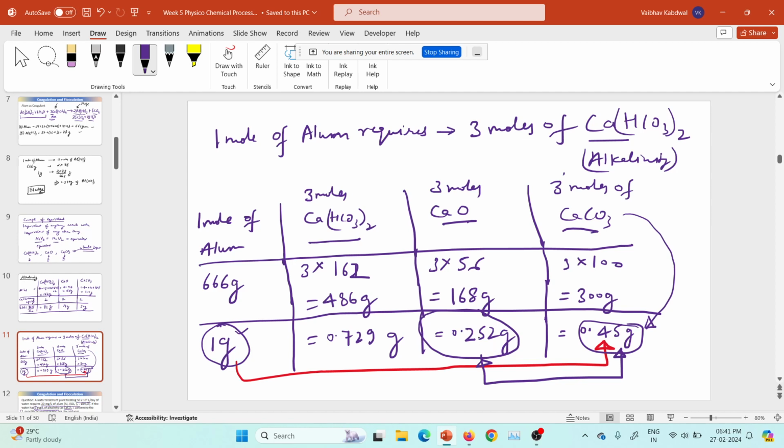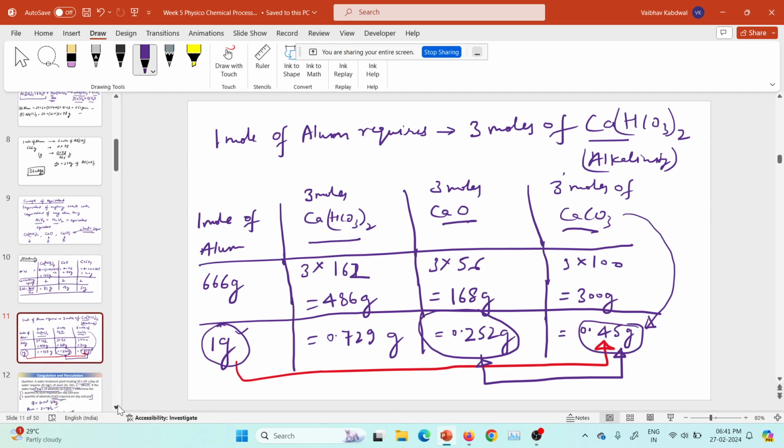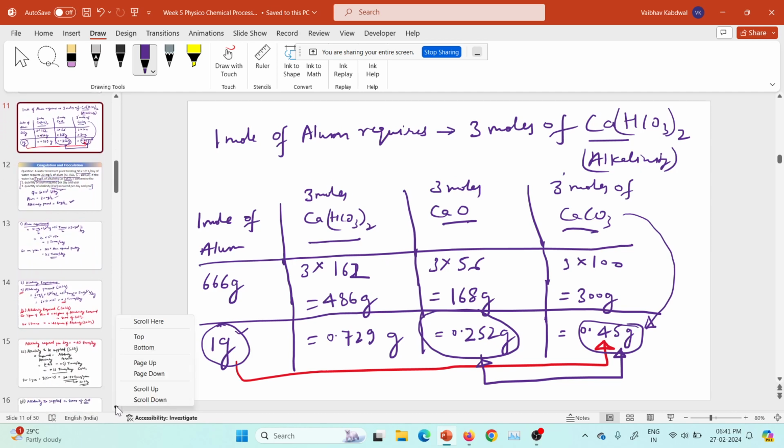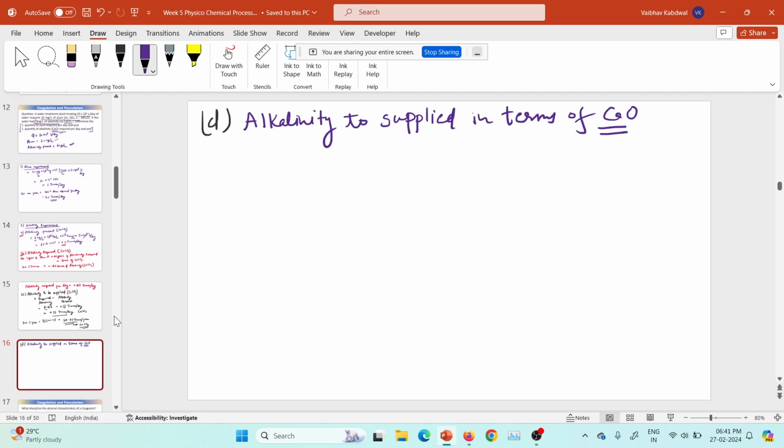So 0.252 grams of CaO is equivalent to 0.45 grams of CaCO3.